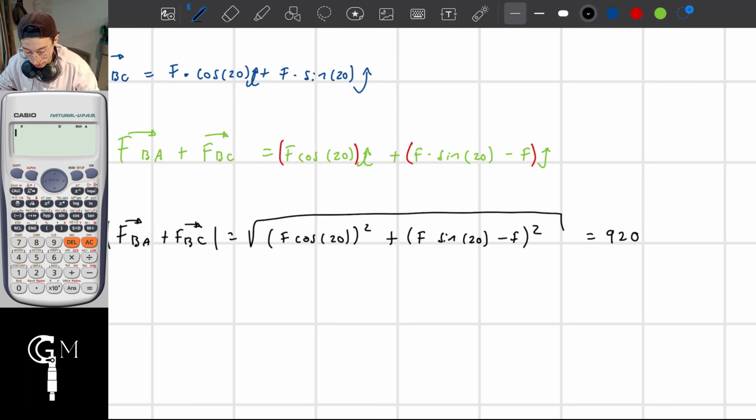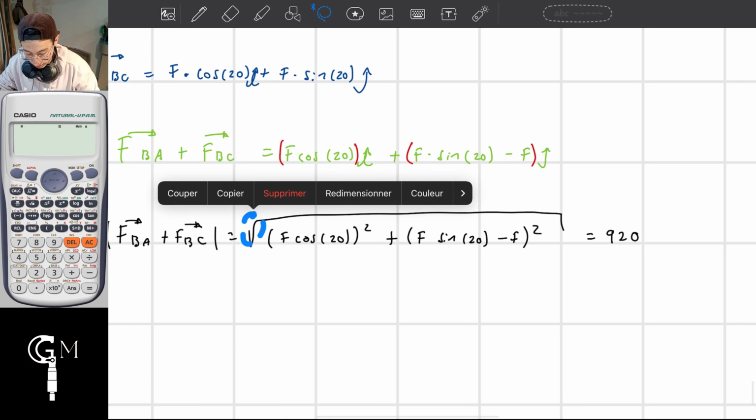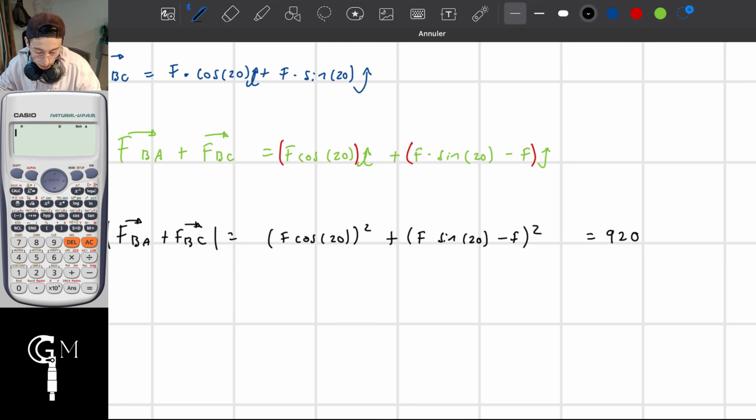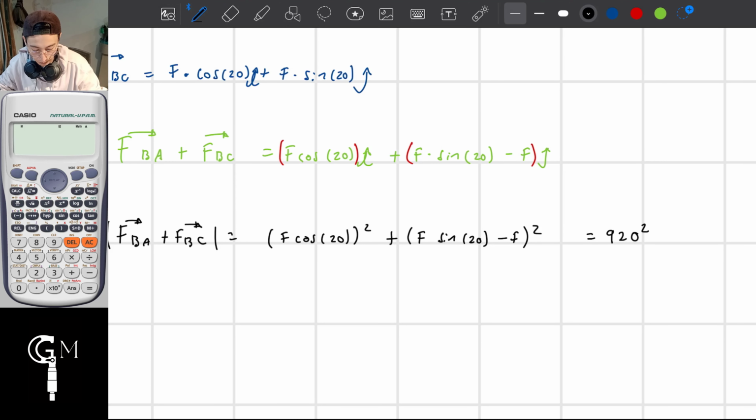I'm going to get rid of this square root, but if I do that, I have to place a square on the other side of the equation, right, for us to keep the equality.